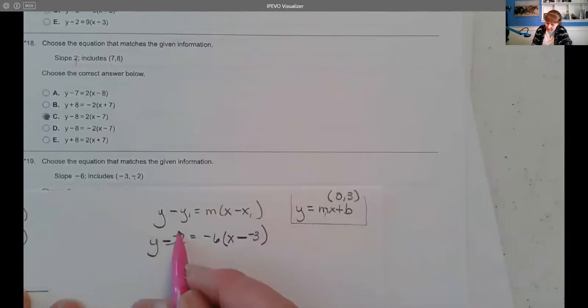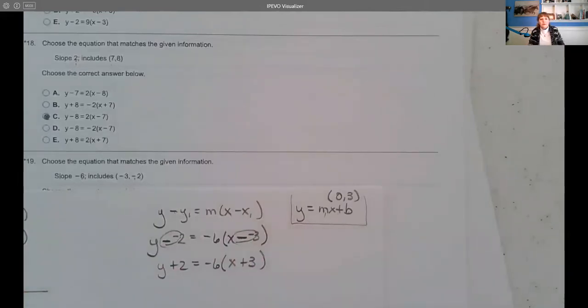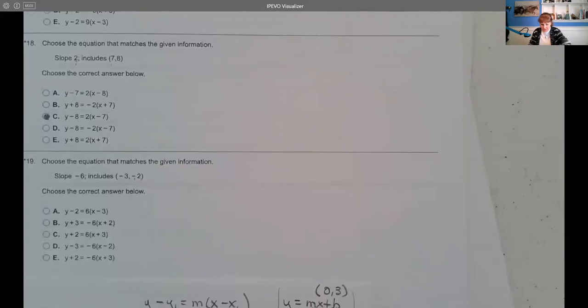Well, these two negatives make a positive. x plus 3. And that's what they're going to want. So you have to do a little simplifying with those negatives if that happens. And then you'll just look for the answer. Let's see. Looks like it's E this time.